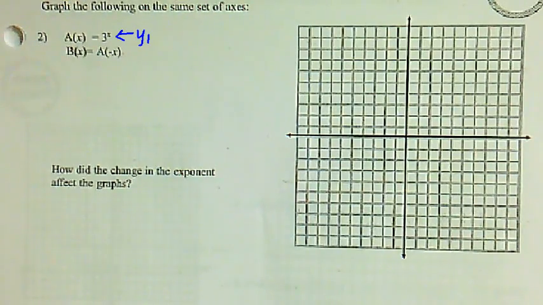Remember, a of x, b of x, that's just notation. Then I want you to rewrite it, but instead of writing a regular x, I'm going to write a negative x. So that's going to be my y2.